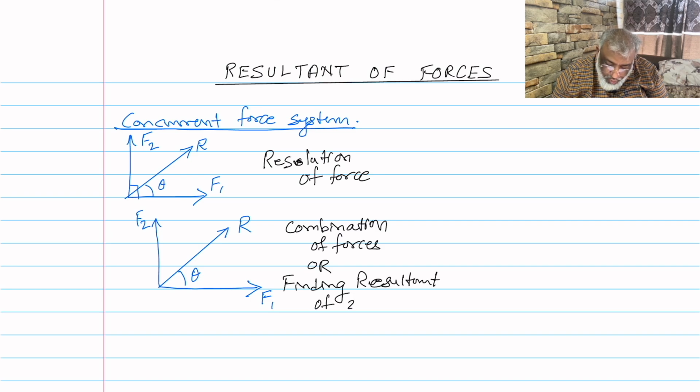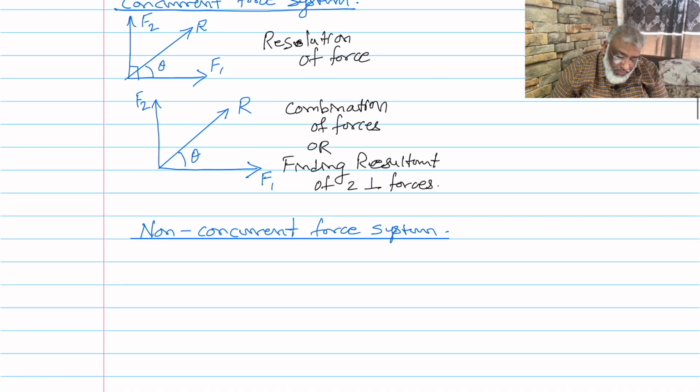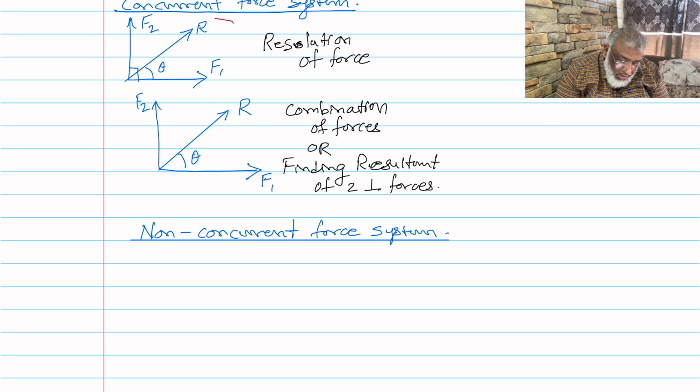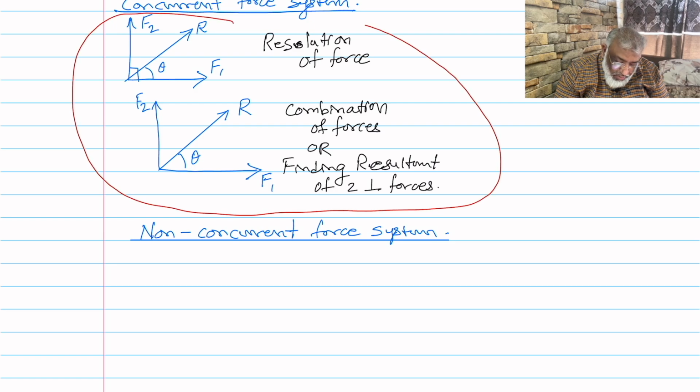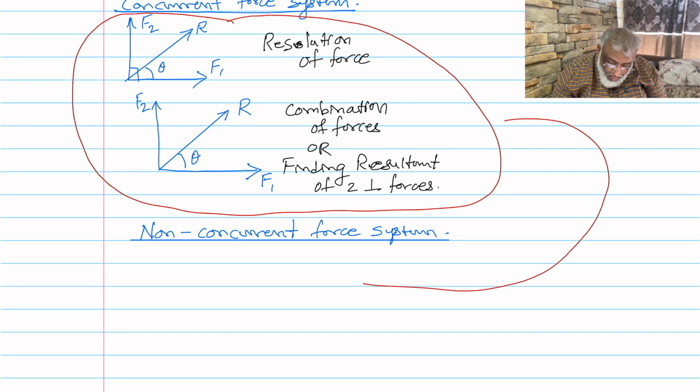of two perpendicular forces. Now, let's talk about the second category of problems in the resultant of forces chapter, that is non-concurrent force system. In this category, all that we have learned in concurrent force system, that is resolving the force and combining the forces, is definitely required.